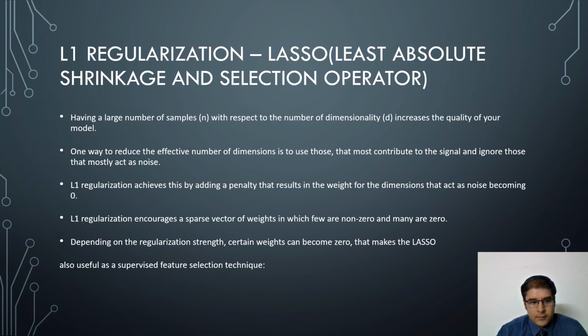This is the penalty given by L1 regularization, and it encourages a sparse vector of weights in which few are non-zero and many are 0. Depending on the regularization strength, certain weights can become 0. That makes lasso a supervised feature selection technique.